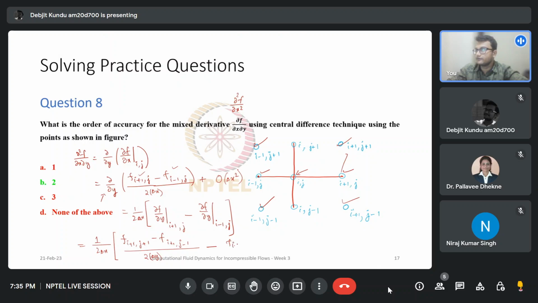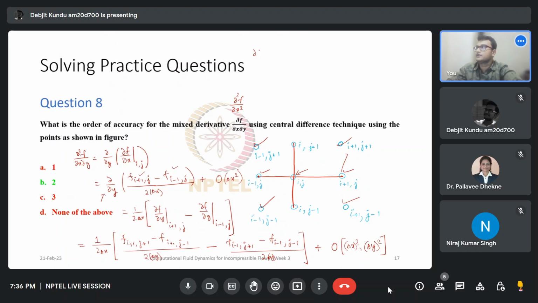So it will be f of i minus 1, j plus 1 minus f of i minus 1, j minus 1, and this would be divided by 2 delta y. And doing this gives us a truncation error of delta y squared. So we can rearrange this into a better form like this.